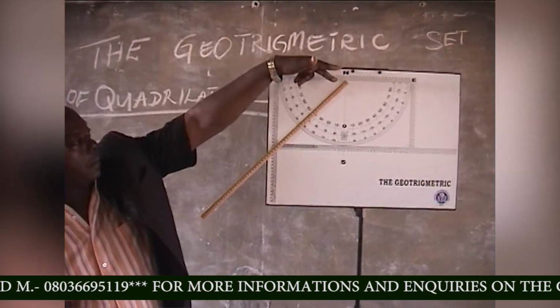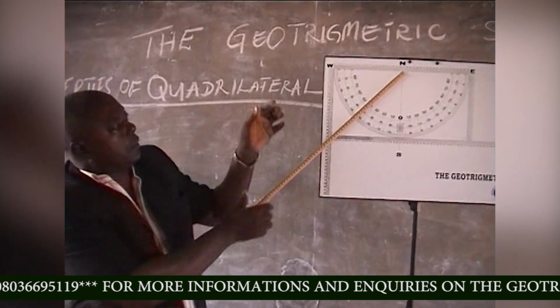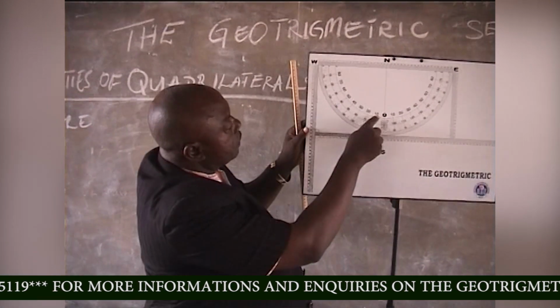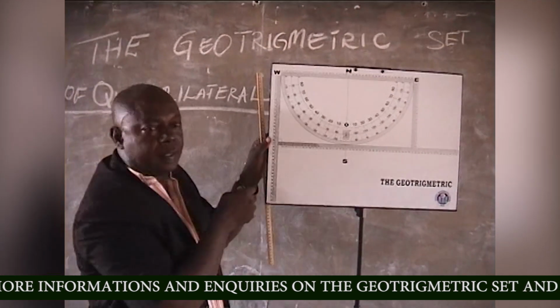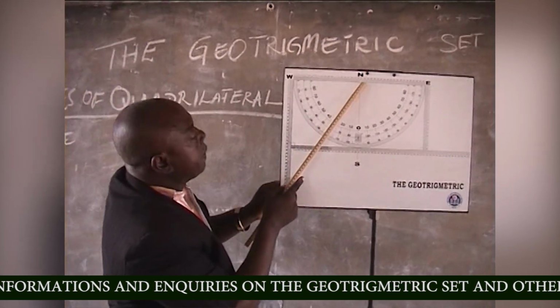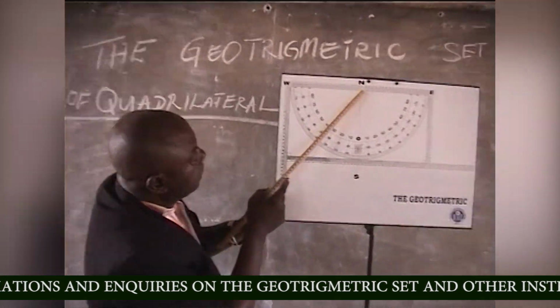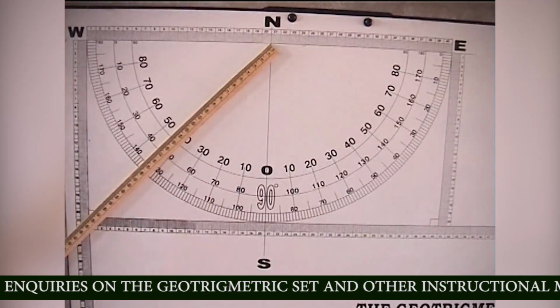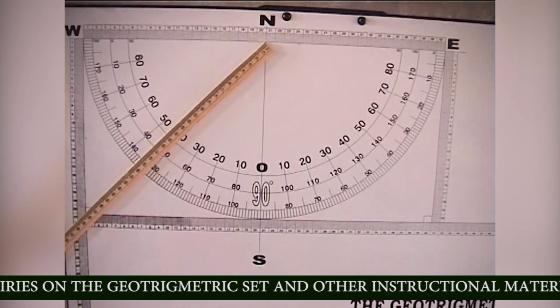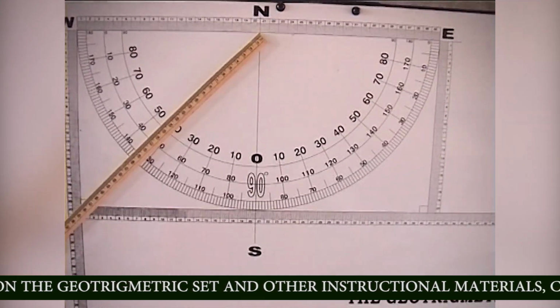The diagonal: if you put it at 45 degrees, you can see here is 0, 10, 20, 30, 40, 45 degrees. You put this to pass through 45 degrees. When you put it, use ruler 6. Don't use ruler 7.